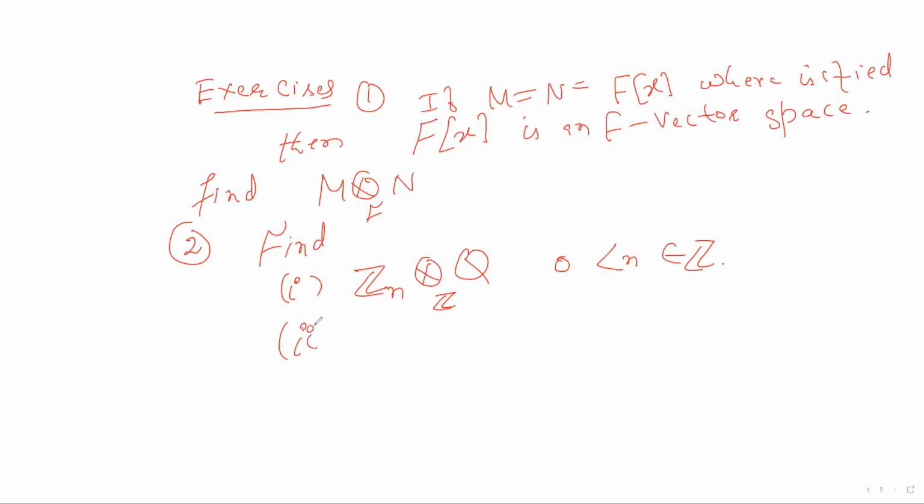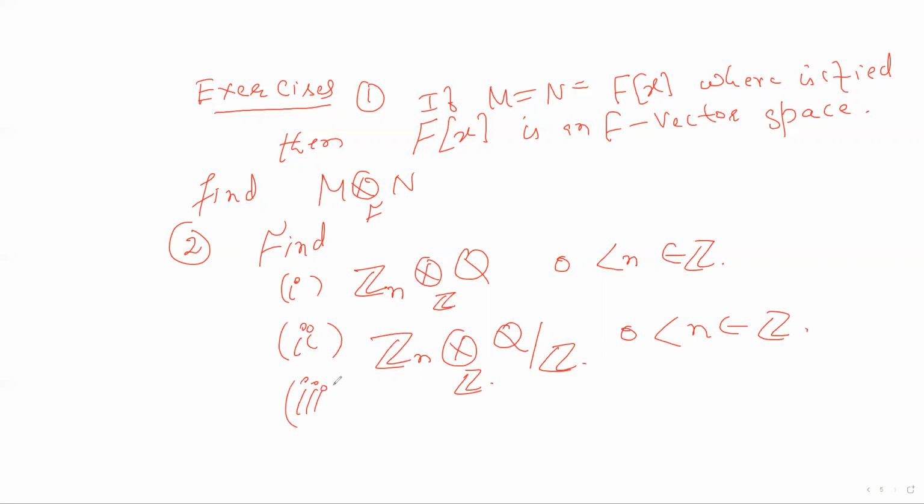Secondly, you find Zn tensor product the quotient module Q by Z over Z. Again here 0 less than n belonging to Z. And thirdly, you also find the tensor product Q tensor product Q over Z. Q is a Z module, so you can think of finding this.